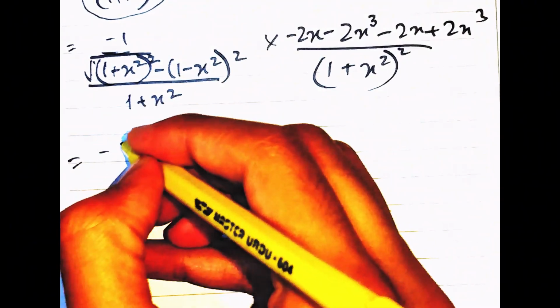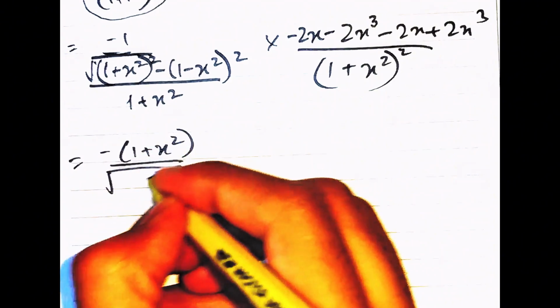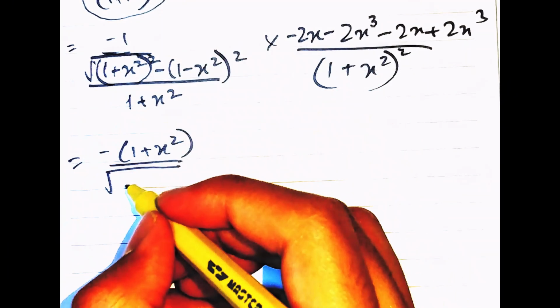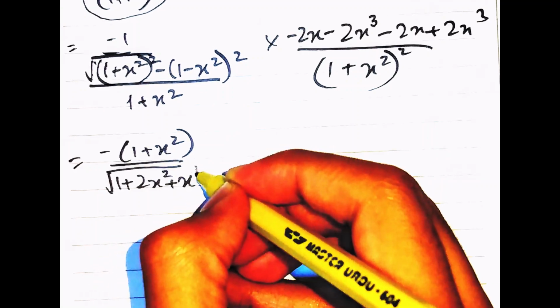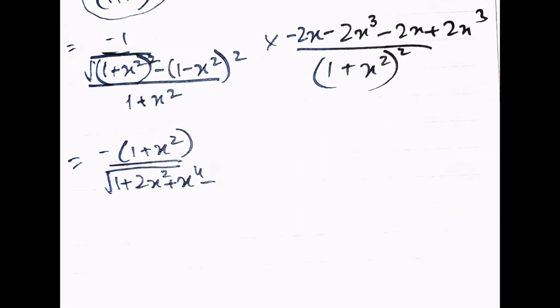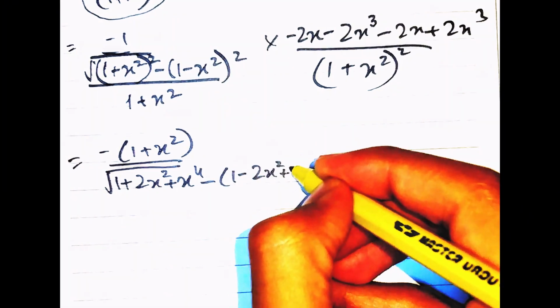Okay, so we are going to write negative multiplied by (1 plus x squared), okay, divided by the square root of, now I'm going to open this whole square formula. So 1 plus 2x squared plus x to the 4 minus, I'm going to open this negative whole square formula, (1 minus 2x squared plus x to the 4).